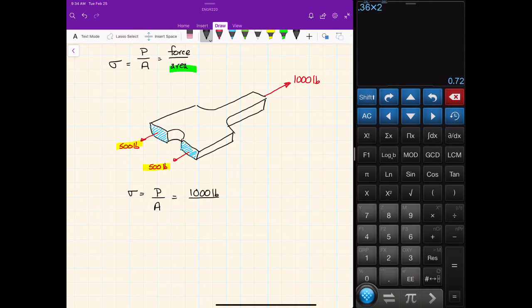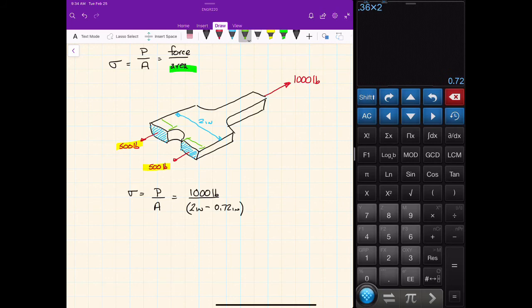Let's say our total width, remember this dimension, was 2 inches. So 2 inches minus the part from the hole that is missing. We just decided that the hole needed to be 0.72 inches. So if we do 2 minus 0.72, that'll give us basically this plus this would be the same as 2 minus 0.72.